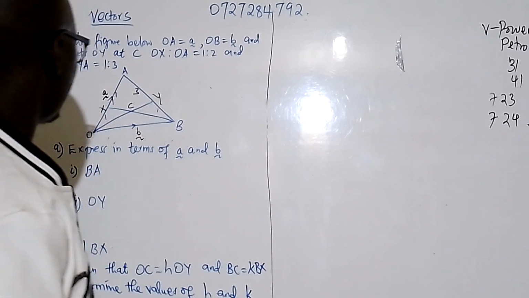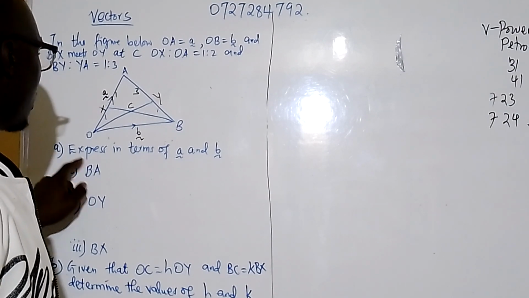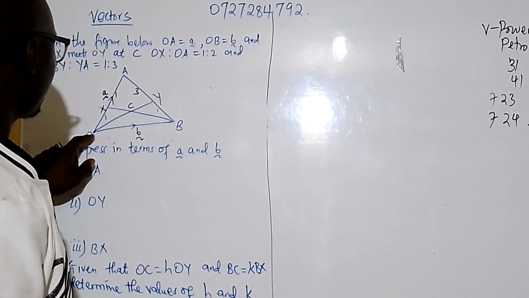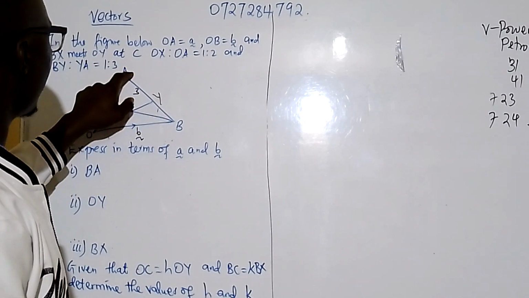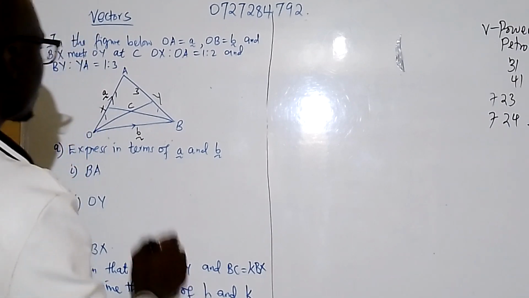Good. The first one, express BA in terms of A and B. So B to A, we can move this way through the vectors that we know.